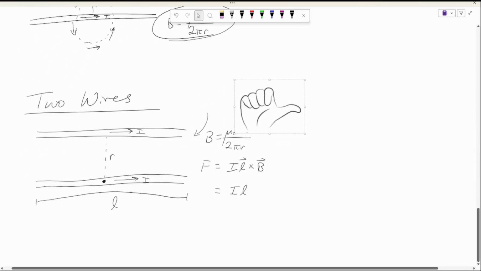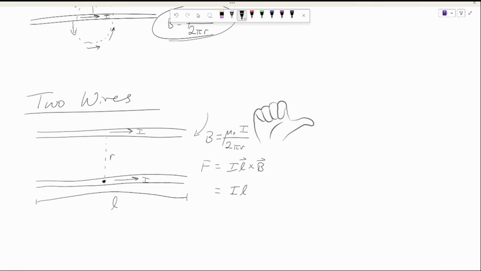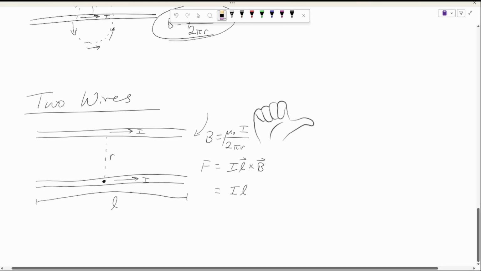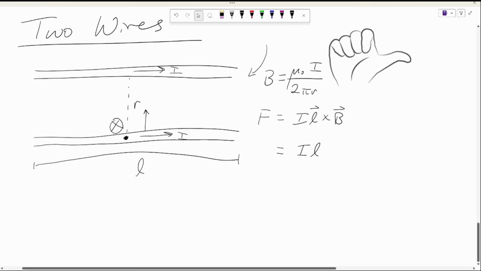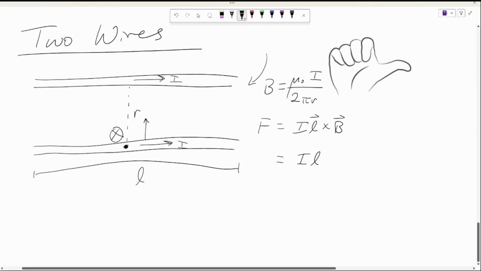If we use this right hand rule on this top wire, we can find that its B field points into the page. So I ought to draw it like this, into the page down here. Then, using the right-hand rule again on the bottom wire, we'll find that the resulting force should point up, pulling the wires closer. They're clearly perpendicular, so we don't have to insert a sine or a cosine. We can just directly plug in B, so we have mu naught I over 2 pi r.